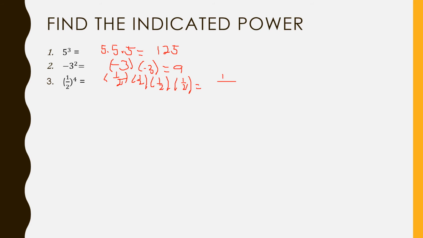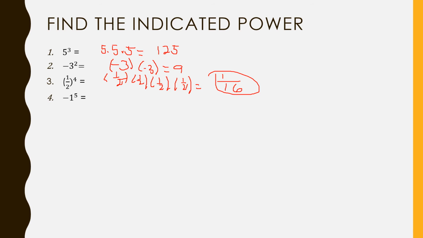So 1 over 2 times 2, 4. 4 times 2, 8. 8 times 2, 16. Multiply the denominator 4 times. So the product, or the power, is 1 over 16.